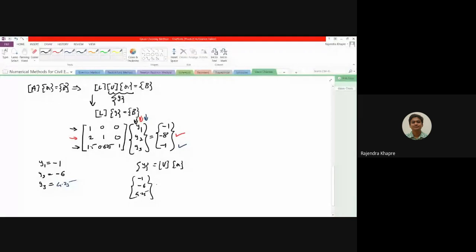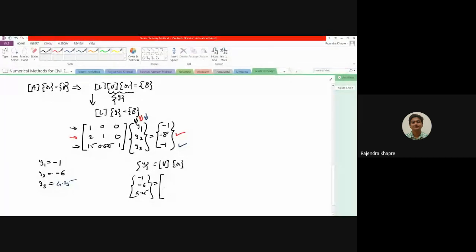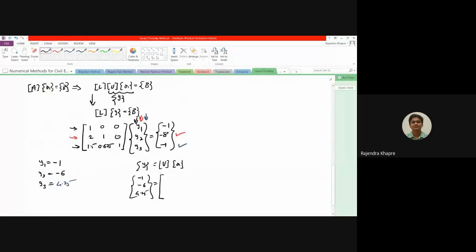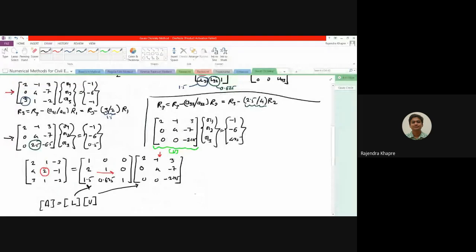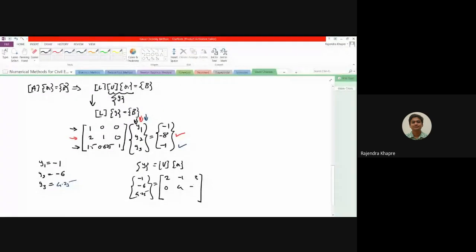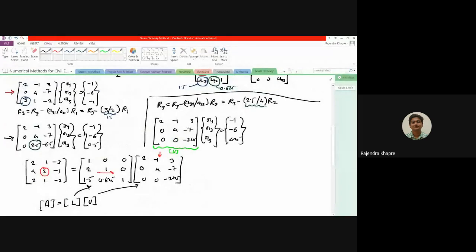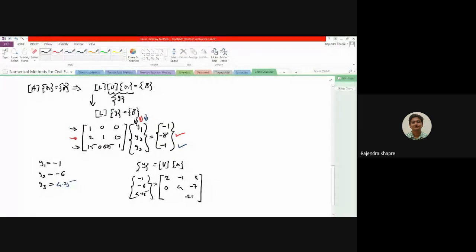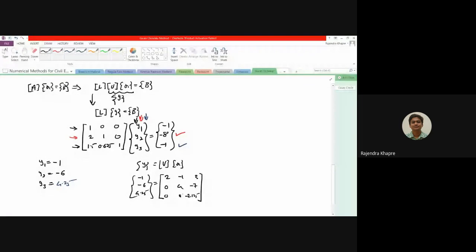This is the value of Y, and if you refer to this U, it is 2, -1 and 3, then we have 0, 4 and -7, then we have 0, 0 and -2.125. These two values are 0, 0.